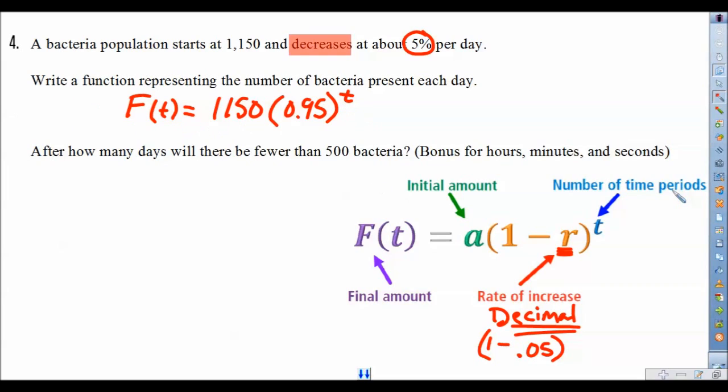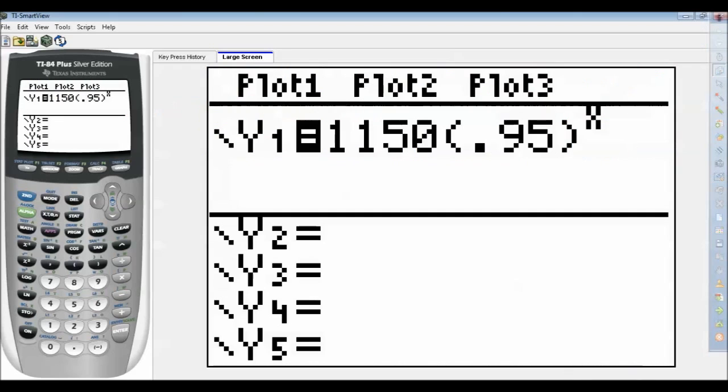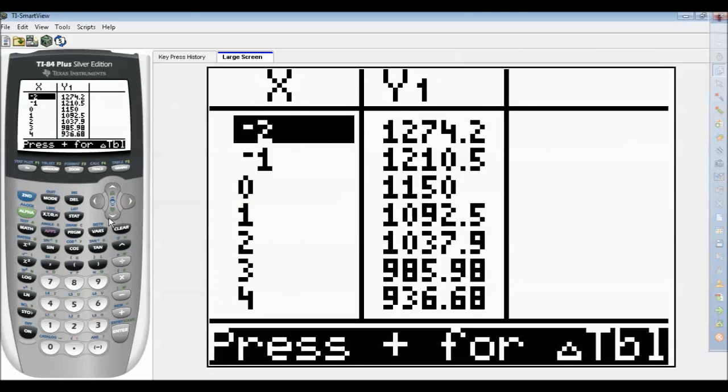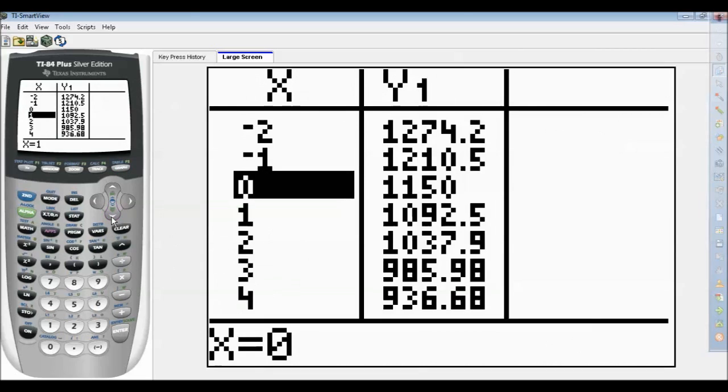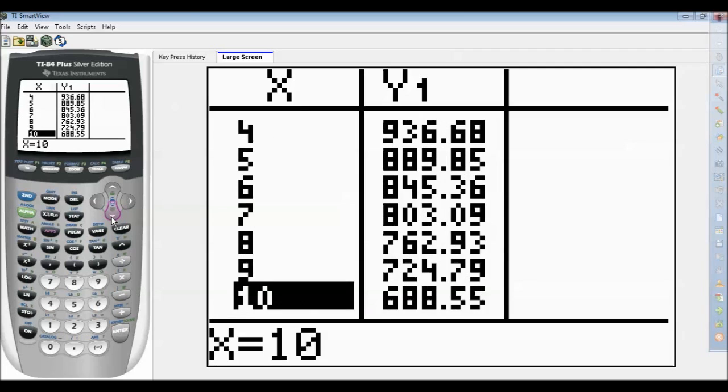Now, how many days will there be fewer than 500 bacteria? Well, one approach would be to type that function into your graphing calculator. And then once you have the function typed into your graphing calculator, just travel over to your table, hit second graph, and then you're just playing the scrolling game until we reach a value that is under 500.